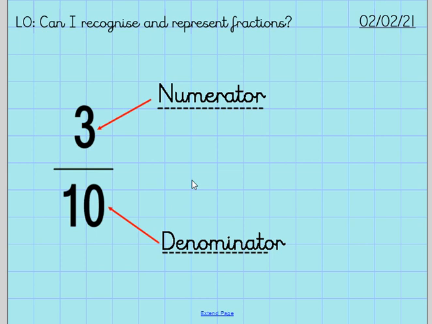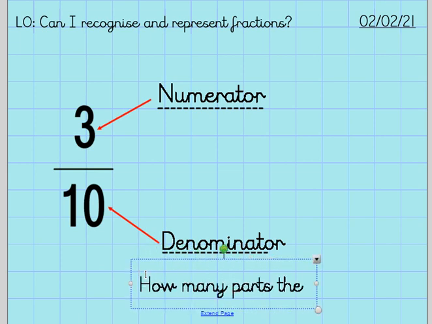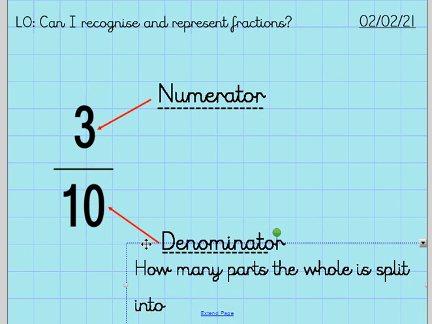It will definitely be worth having this written out as an example really clearly at the top of your page in your book, so that you can come back to it and use it if you need it. Now, the denominator in a fraction shows us how many parts the whole is split into.